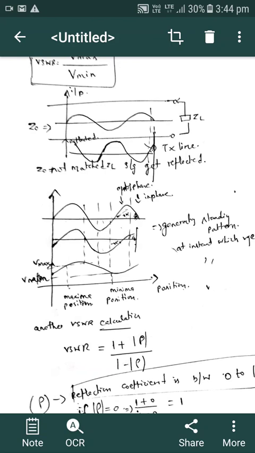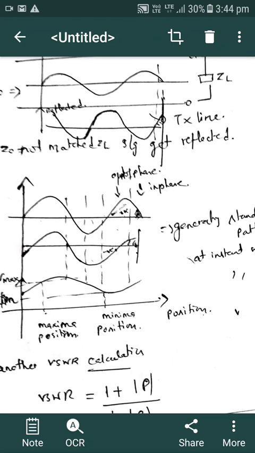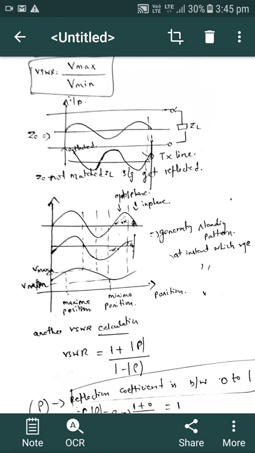In the first case, both are in phase, so they get added up. In the next case, it is out of phase, one on the positive side and the other on the negative side, so it gets subtracted. So depending upon the in-phase and out-of-phase of the incident and reflected wave, there is a standing wave pattern in the transmission line.